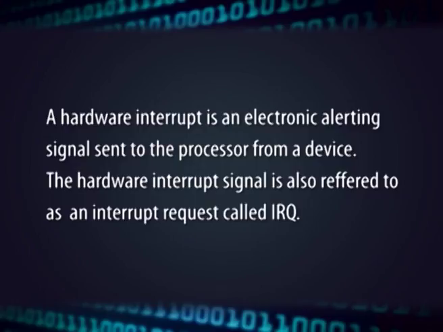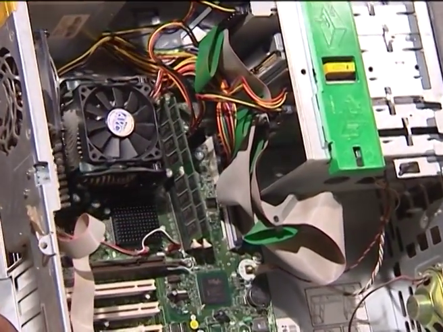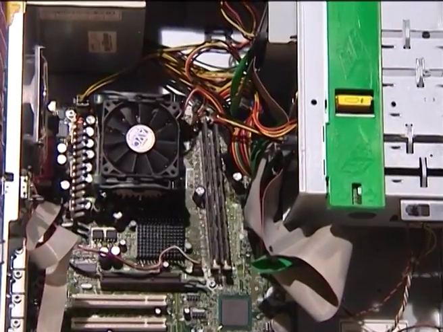There are two types of interrupts. A hardware interrupt. A hardware interrupt is an electronic alerting signal sent to the processor from a device. The hardware interrupt signal is also referred to as an interrupt request, called IRQ in short. The device may be internal to the computer, like a hard disk, disk controller, keyboard or a mouse device.